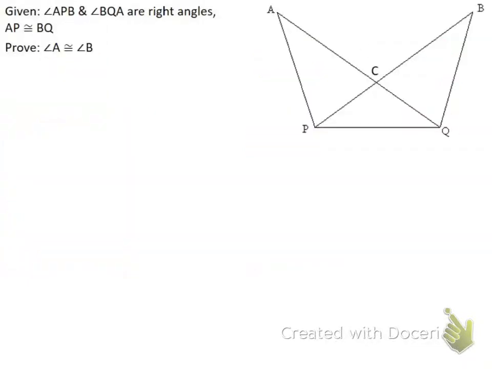And then the last one, I've got two right angles, and I've got AP is equal to BQ. So first step is my given statements. Angle APB and angle BQA are right angles by my given. And I've also got AP is equal to BQ.